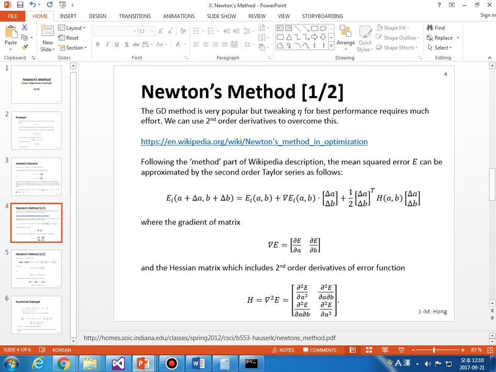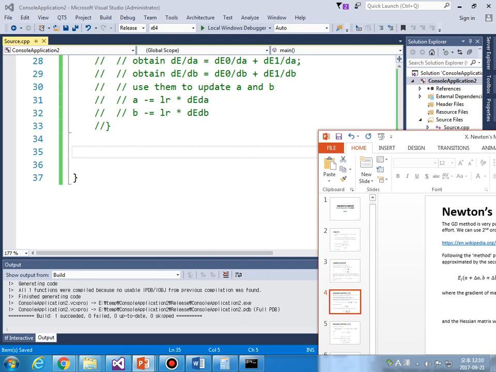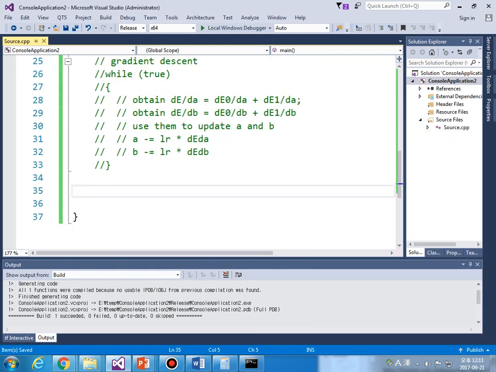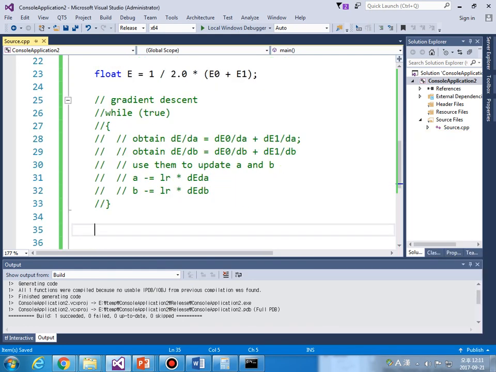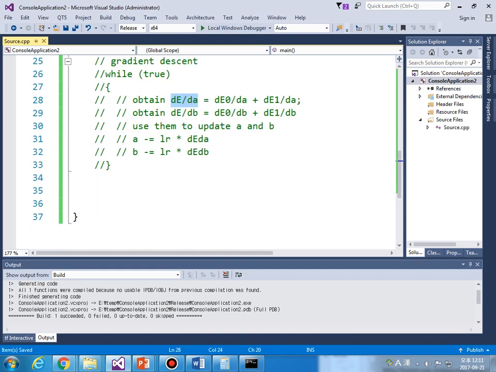So this is gradient: round E over round A, round E over round B. So we can reuse it. dA.